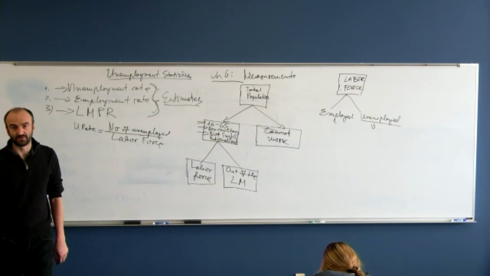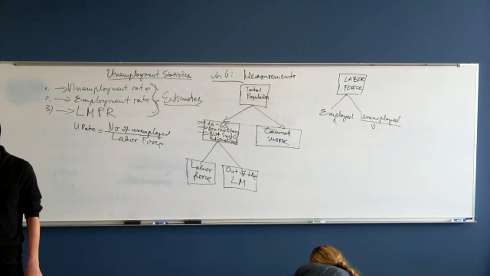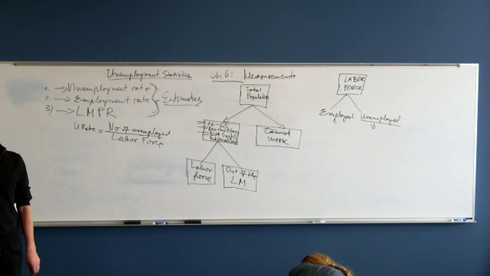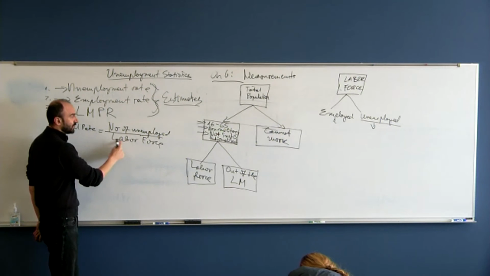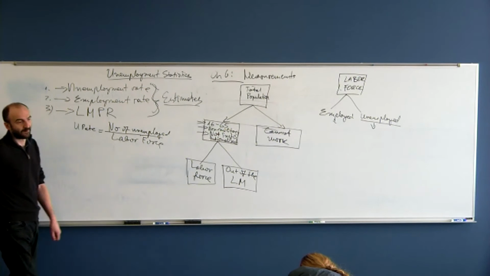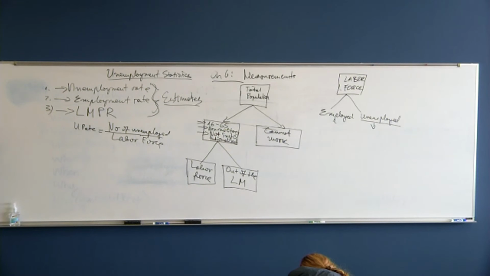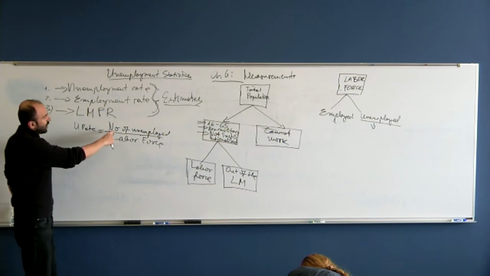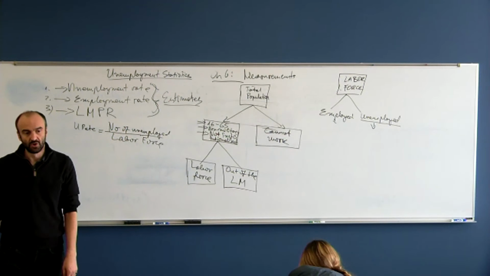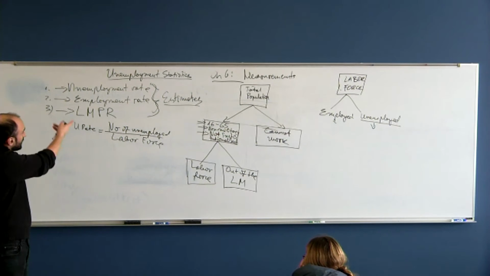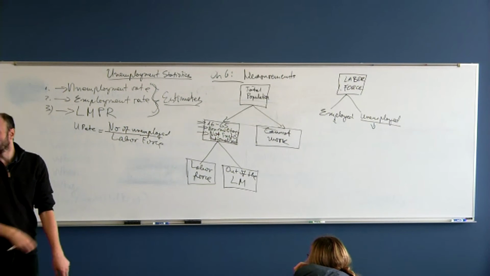So the number of unemployed divided by the sum of employed and unemployed. By the sum of the number of unemployed and number of employed. So it's a percentage, of course, always. So the lower the number of unemployed people, all other things being equal, the lower the unemployment rate will be.